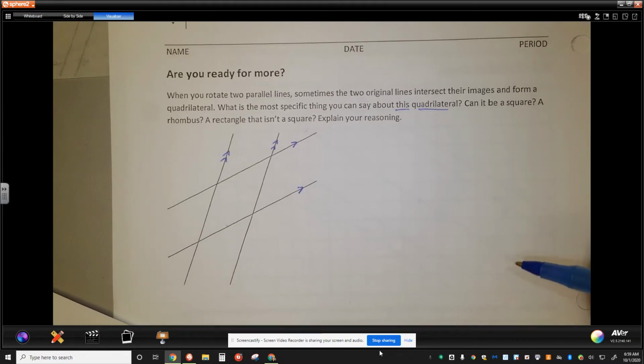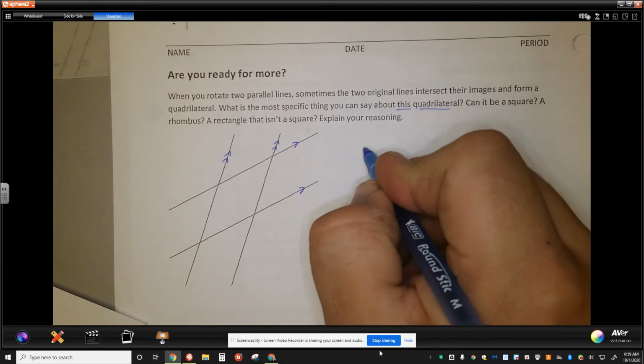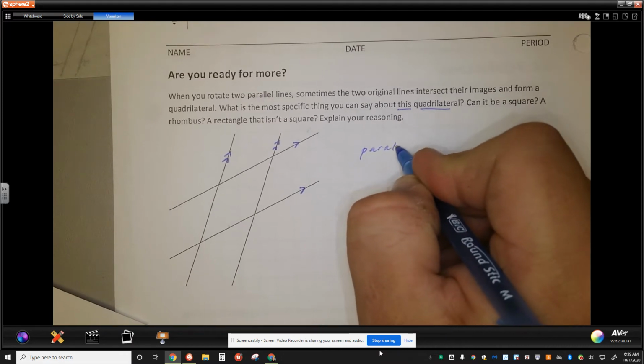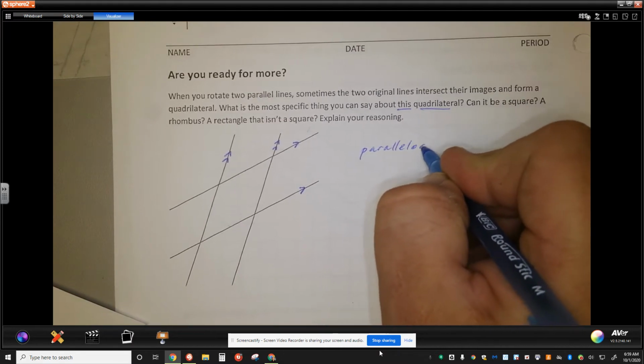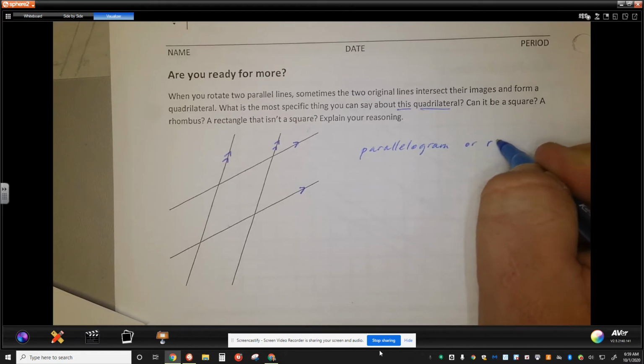Under those characteristics, when we have a figure that has two sets of sides that are parallel, we have either a parallelogram or a rhombus.